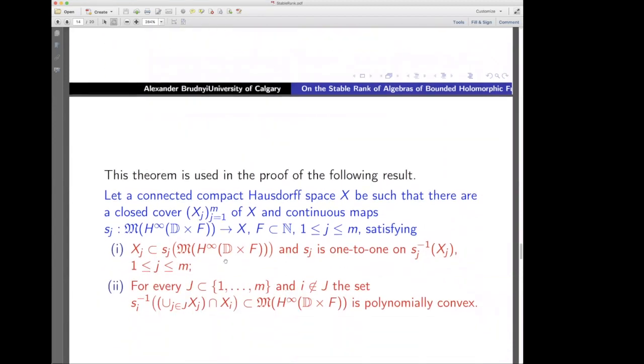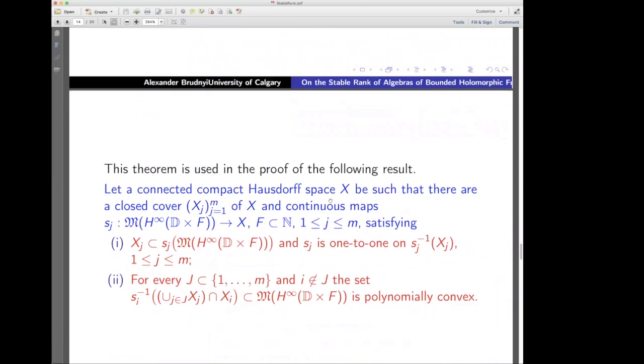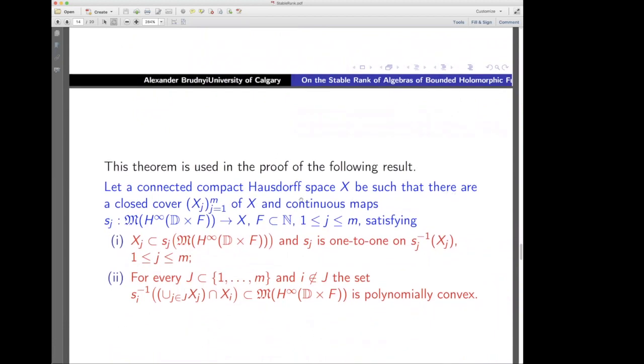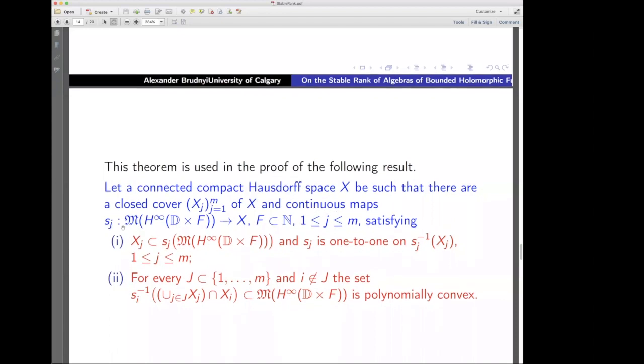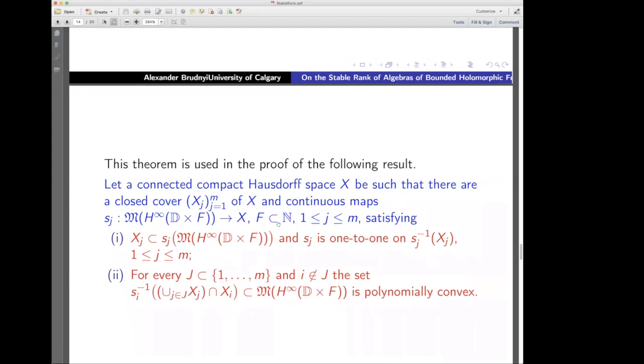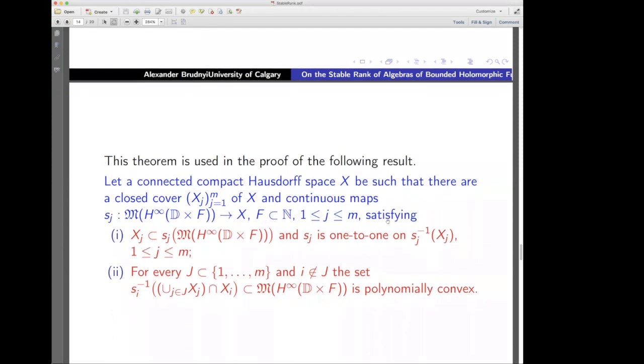So suppose that we have a connected compact Hausdorff space X such that it can be covered by finitely many closed sets X1, X2, and so on, Xm, and such that there are continuous maps Sj from the maximal ideal space of H infinity of D times F into X, F some subset of natural numbers, satisfying, first of all, each Xj belongs to the image of Sj.